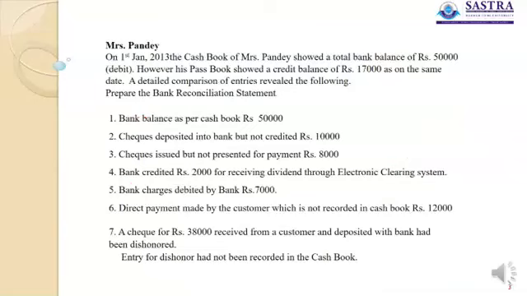Here is one illustration which is taken by Mrs. Pandey, who is a business magnate who has supplied the details of her business. On 1st January 2013, the cash book of Mrs. Pandey showed a total bank balance of 50,000.